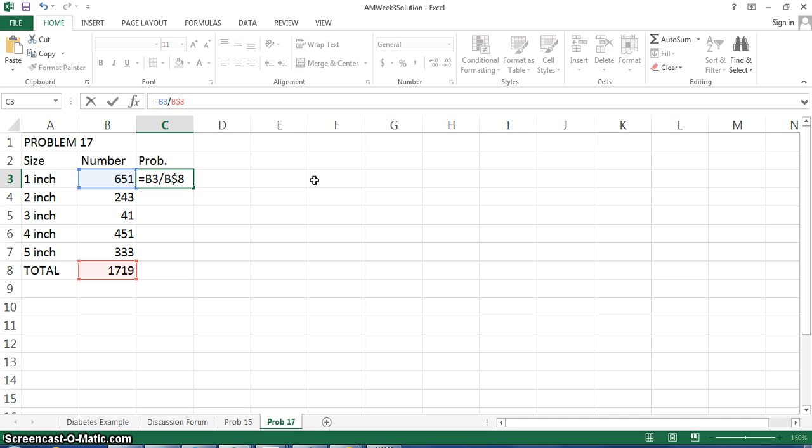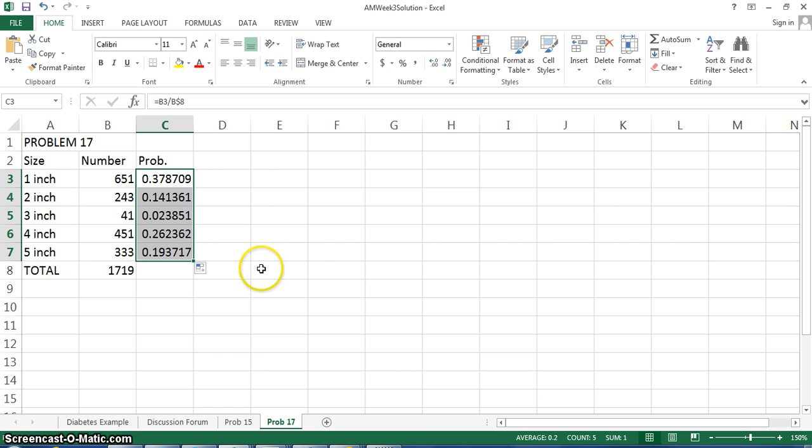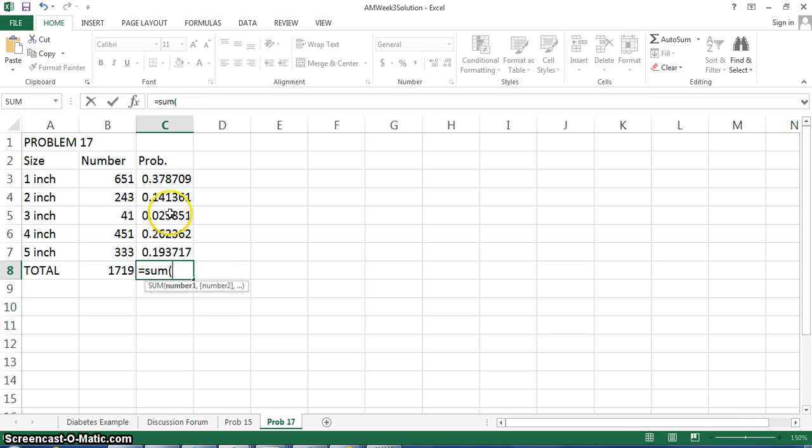When I enter this in Excel, I'm going to put an absolute reference or a $ sign in front of the row 8 so that I can simply copy this formula down and calculate the probability for each size of the nails. I'll copy it down by dragging this corner down to the row representing 5 inches. And we can check to make sure that the sum of all these probabilities equals 1.